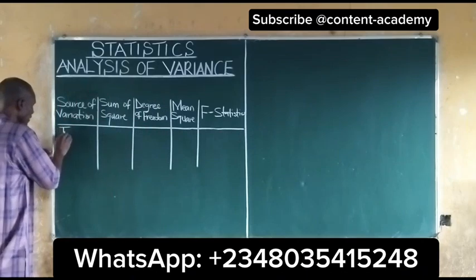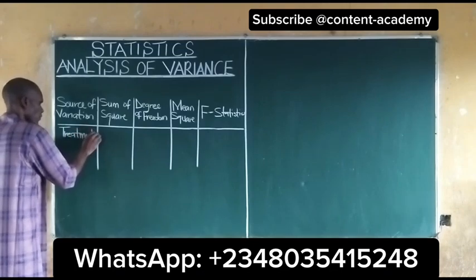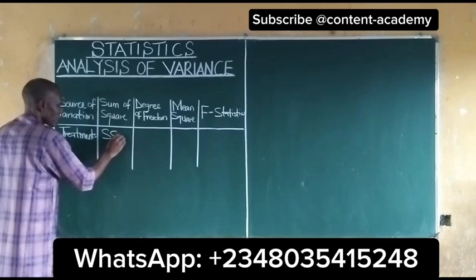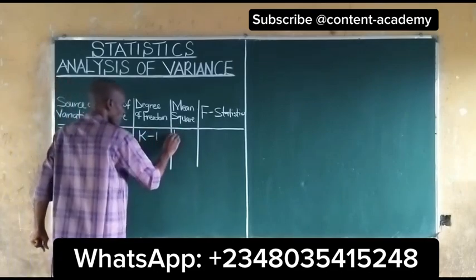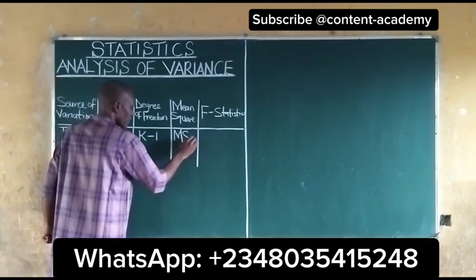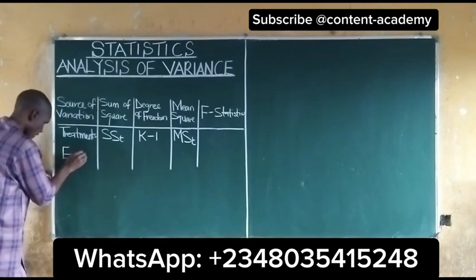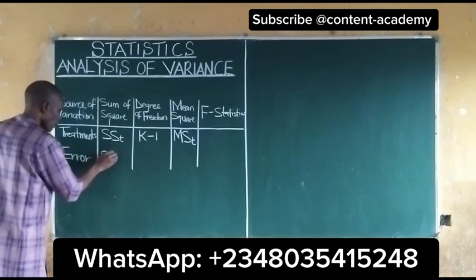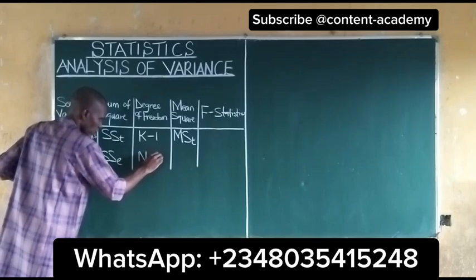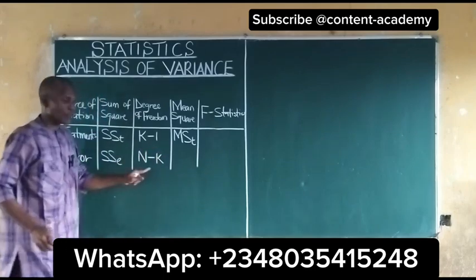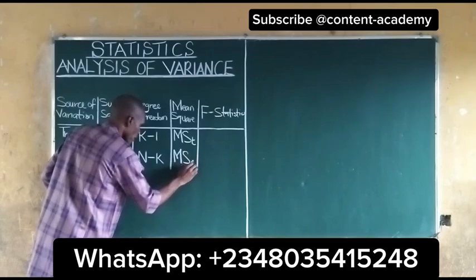For example, for the treatment, which is between the groups, we have sum of square treatment, the degree of freedom is k minus 1, and the mean square treatment. Also, for the error, we have sum of square error, n minus k for the degree of freedom, and mean square error.